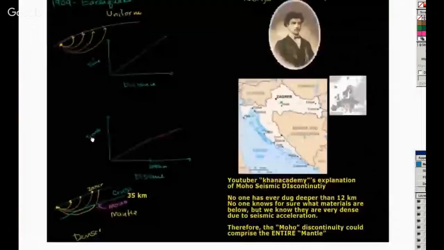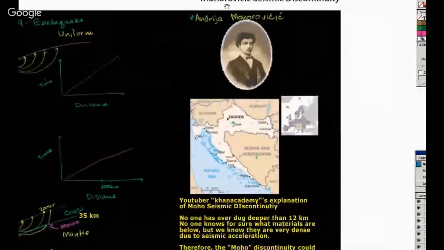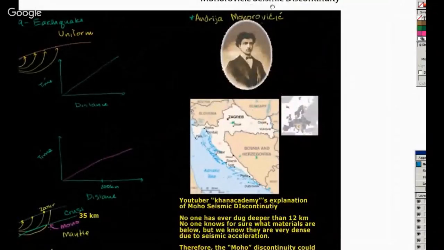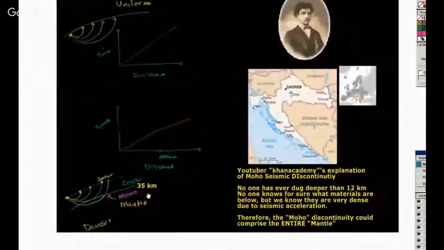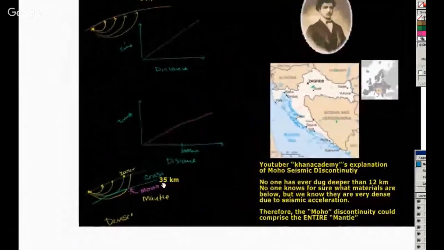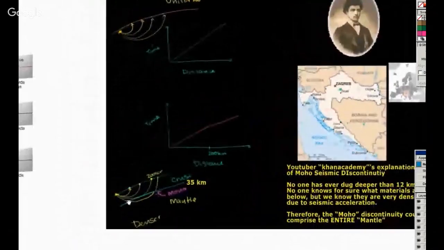Going back a little bit, there's a man named Mohorovičić, the seismic discontinuity. In Croatia in the early 1900s, he talked about how 35 kilometers below there was a rapid acceleration in velocity during an earthquake.